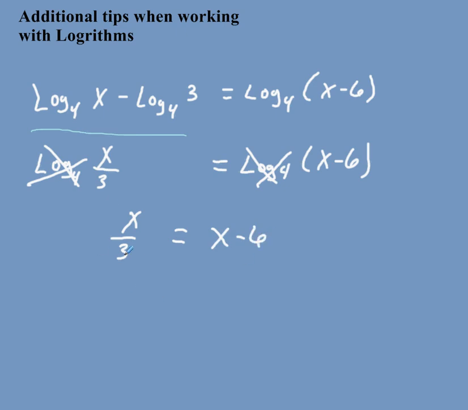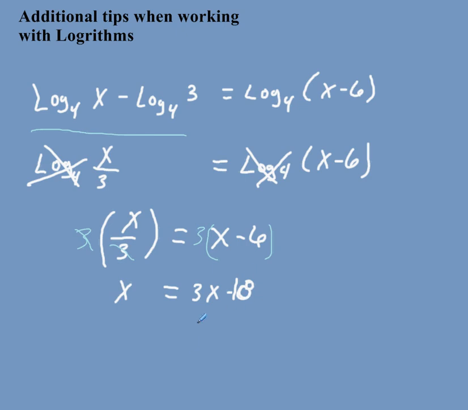Okay, now we can solve for x. Let's multiply by 3 on both sides. These 3s cancel out, and I end up with x is equal to 3x minus 18.